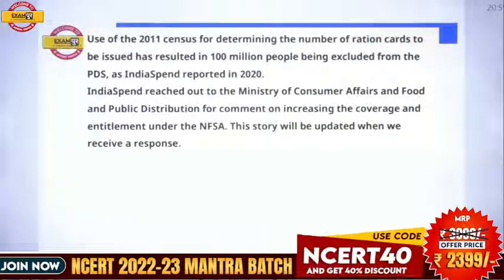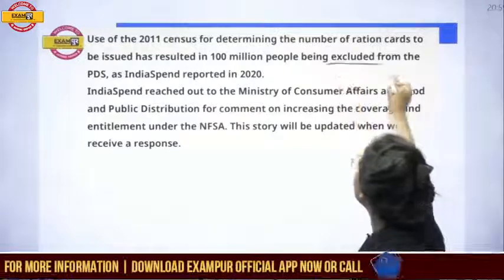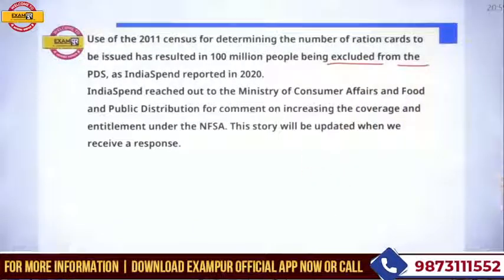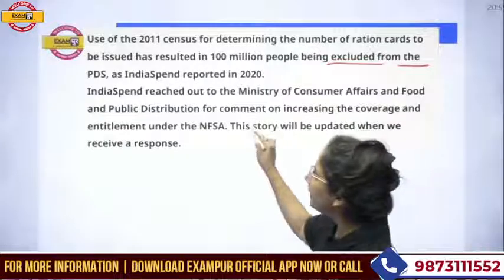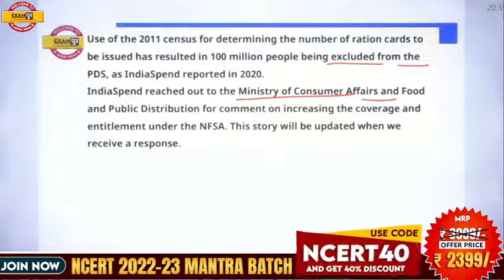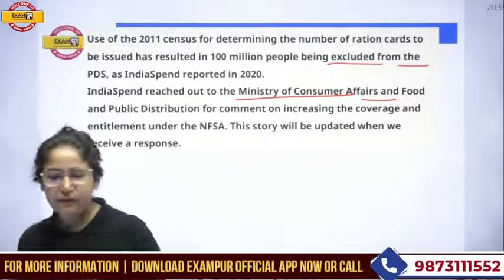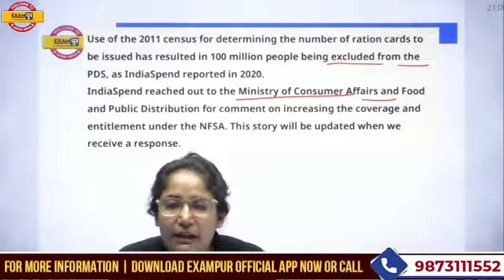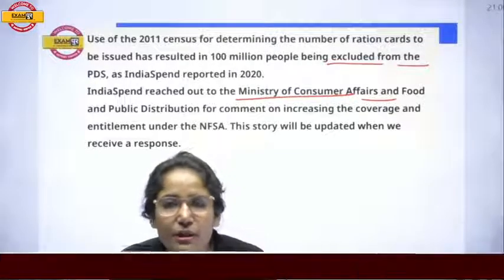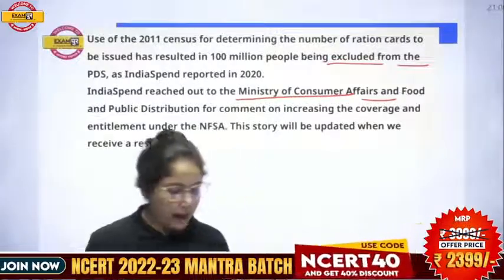Next is all about the use of the 2011 census. It is talking about how the number of ration cards to be issued has resulted in 100 million people being excluded from the PDS. We are talking about the Ministry of Consumer Affairs, Food and Public Distribution. Whatever the coverage, it keeps increasing. If 67% of the population is included under food security, such a huge population is part of it.